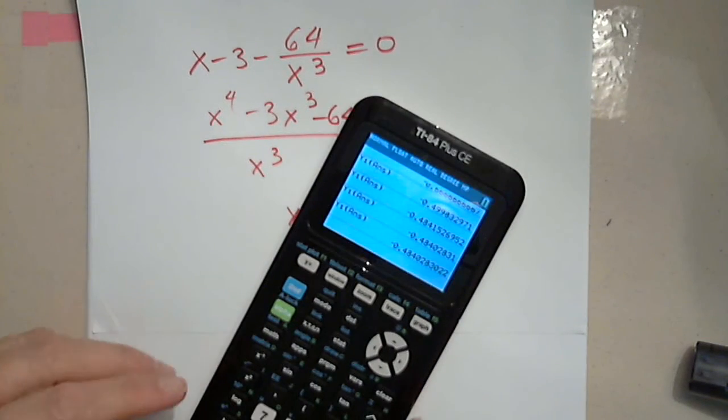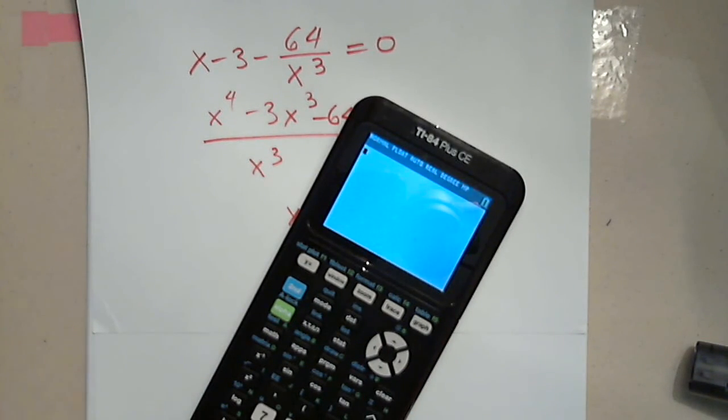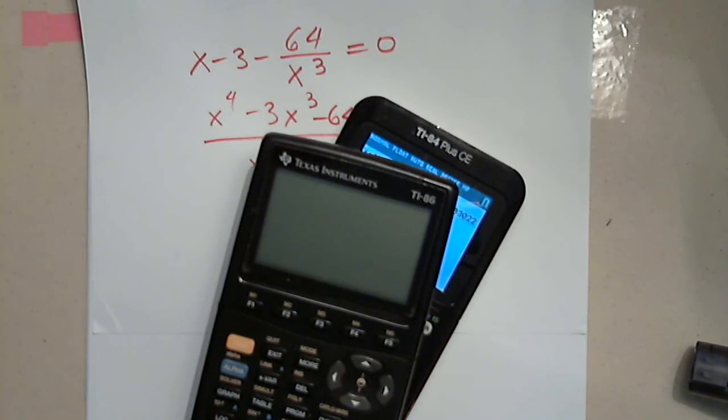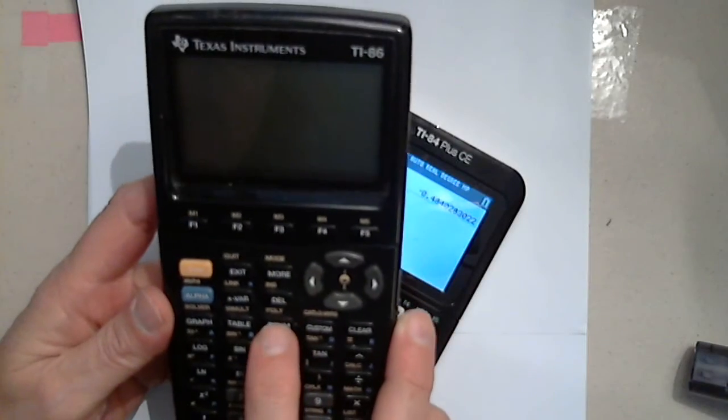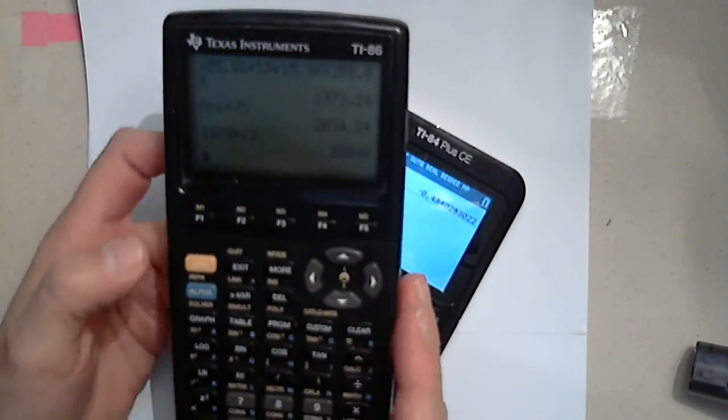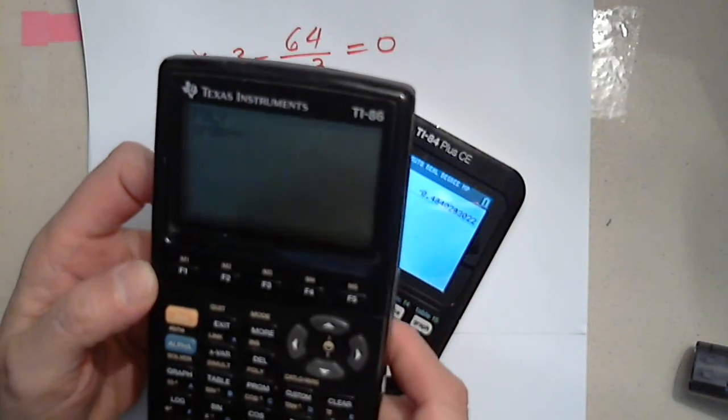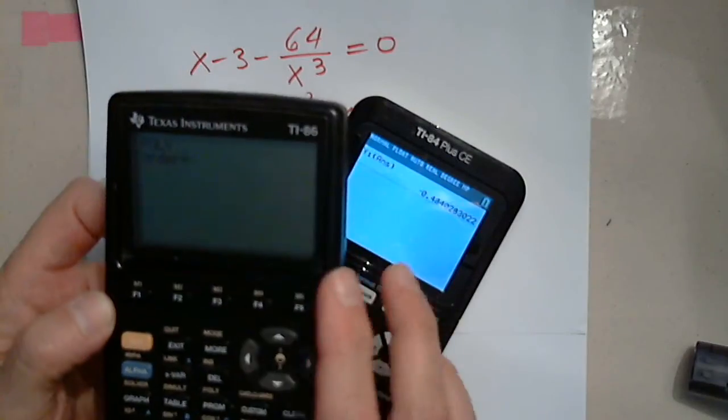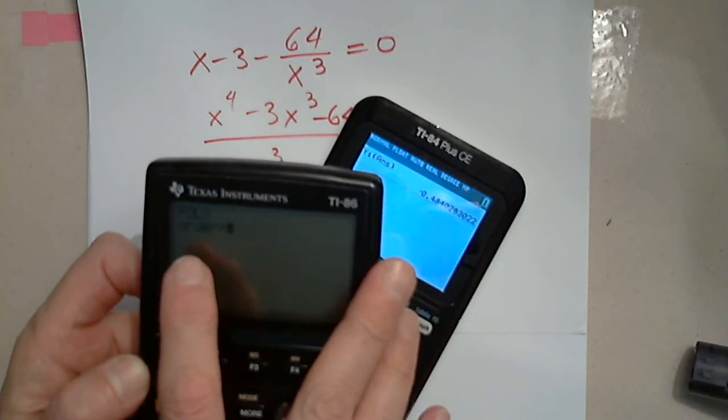I have my calculator, which is a TI-86, which has a wonderful feature, but of course I'll show you with this calculator as well. My 86 has a feature called poly, which is right here. So with second and poly, you'll see it says poly and order.